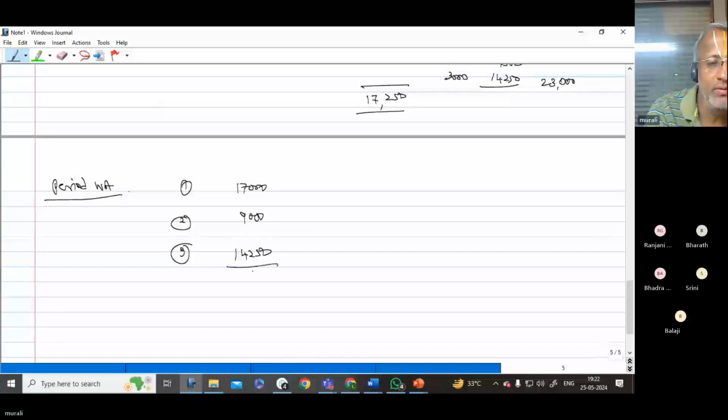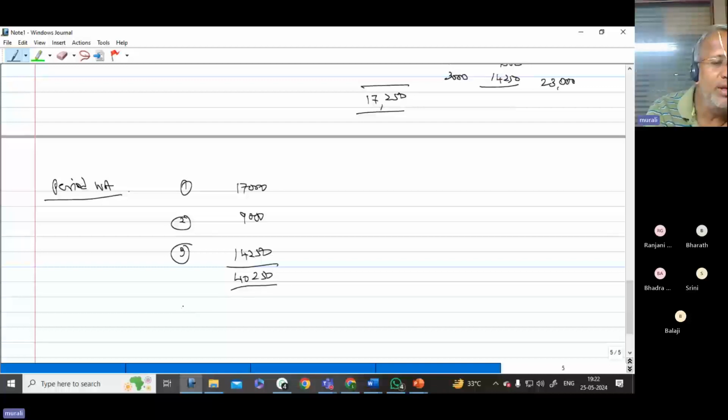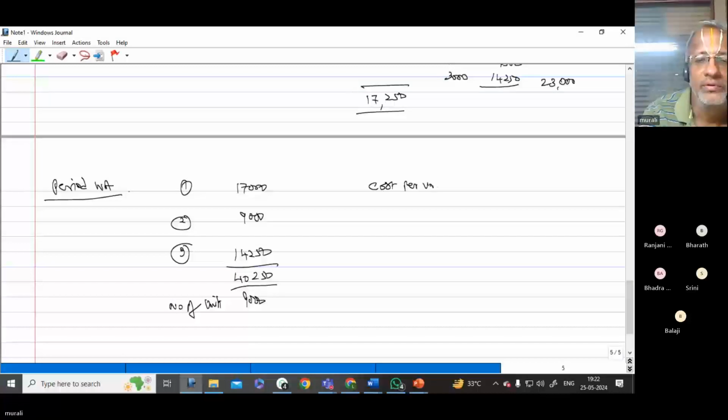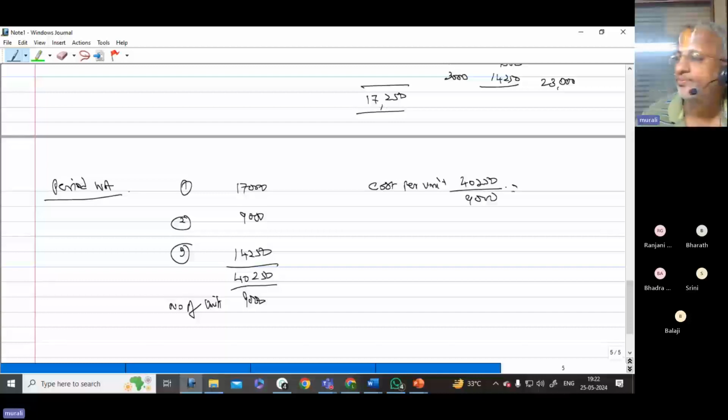The total is 40,250. I consider the number of units being 9,000. So I arrive at the cost per unit: 40,250 divided by 9,000. How much does it come to?